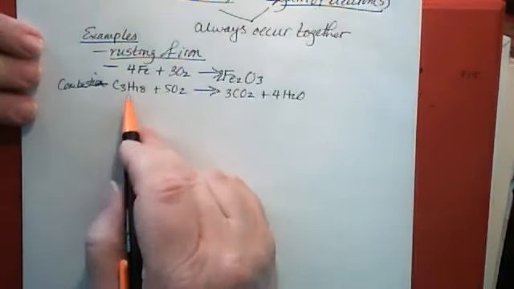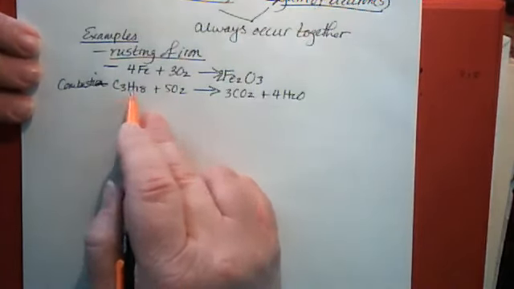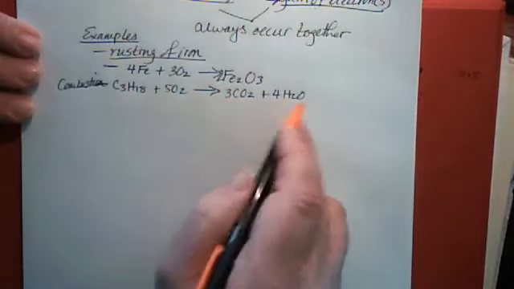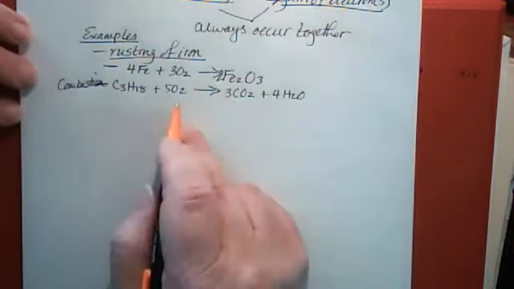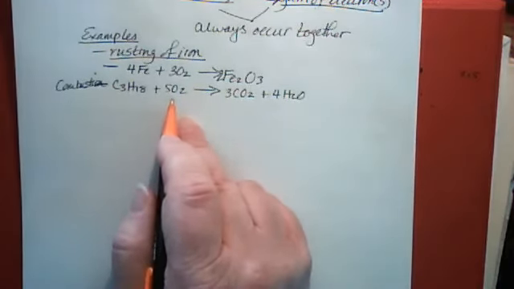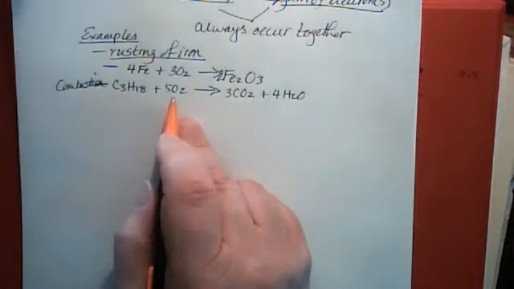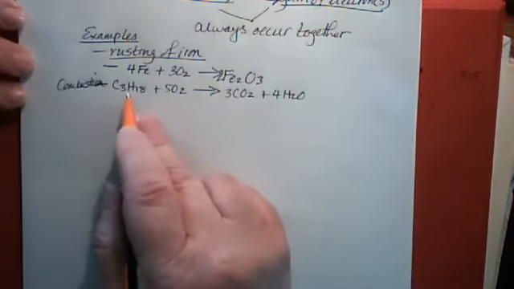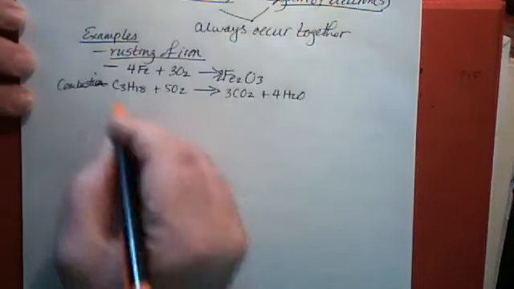And now the propane is the stuff we have to pay for, and that's being oxidized into carbon dioxide and water. And so we often think of this as an oxidation, even though oxygen from the air is at the same time being reduced. But again, the oxygen from the air is free, and there's plenty of it. We don't have to pay for it, so we don't really care as much about that. So we think of it as an oxidation because it's the stuff we have to pay for that's being oxidized.